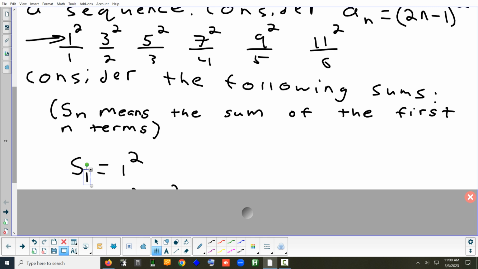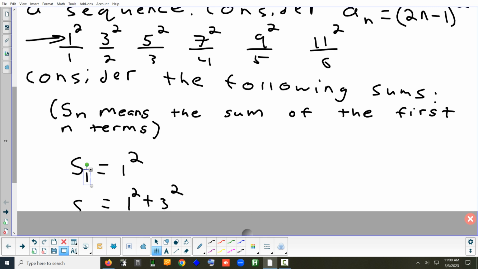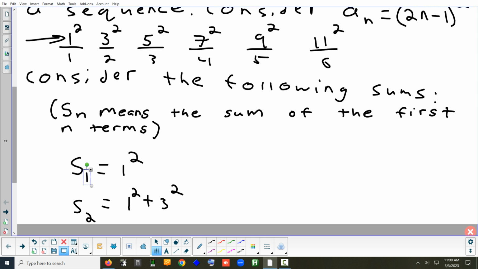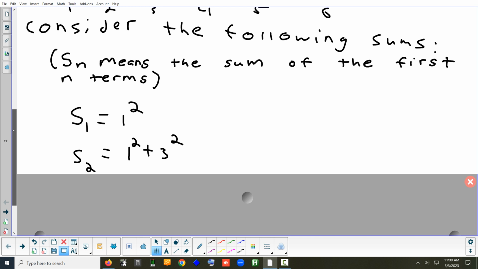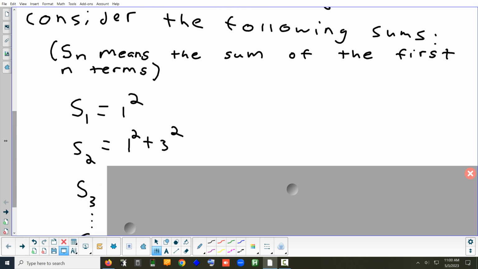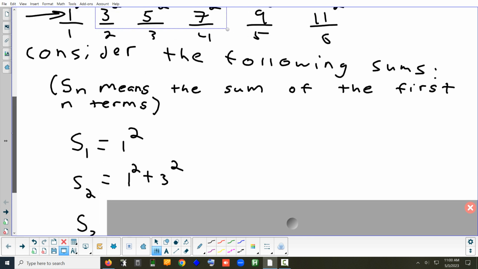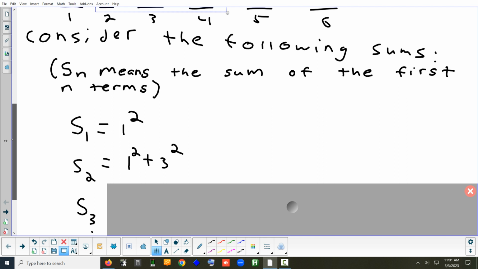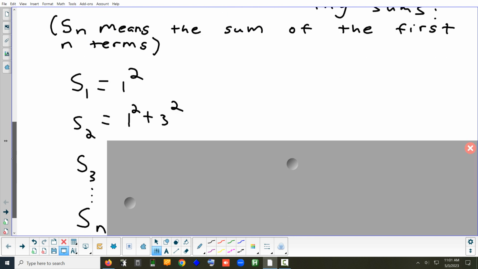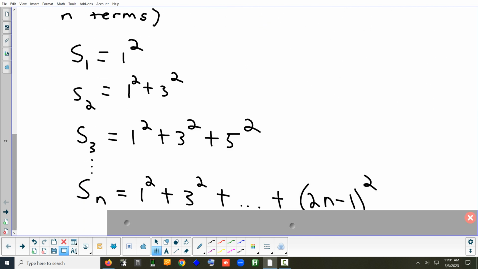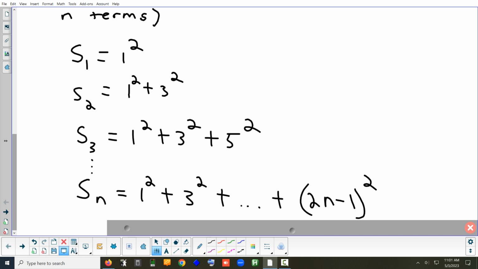Well, that's just the first term. S sub 2 would mean to take the first 2 terms in the sequence and add them up. What would S sub 3 be? You add 1 squared, 3 squared, and 5 squared. And then S sub n would be 1 squared plus 3 squared plus 5 squared plus 7 squared, all the way up to whatever the last one is.